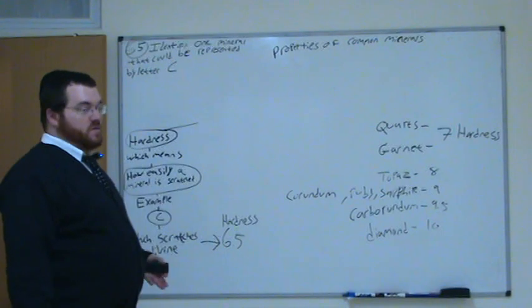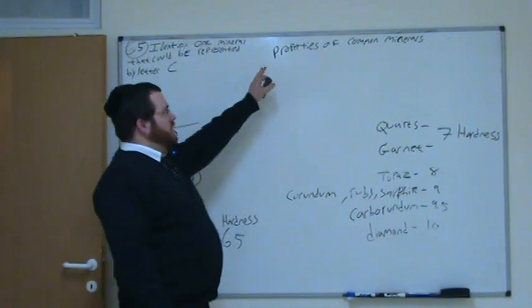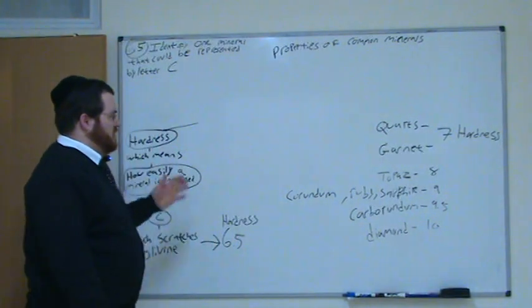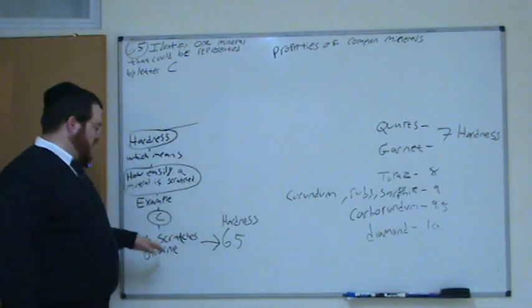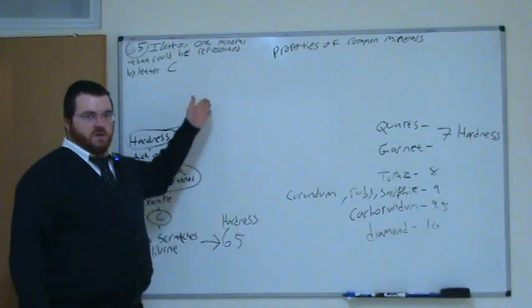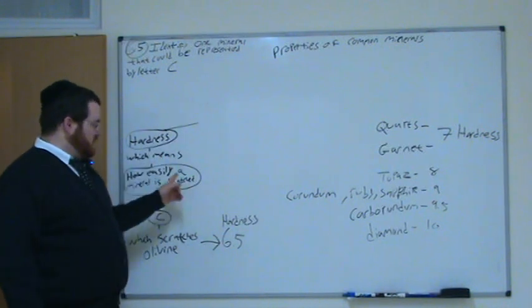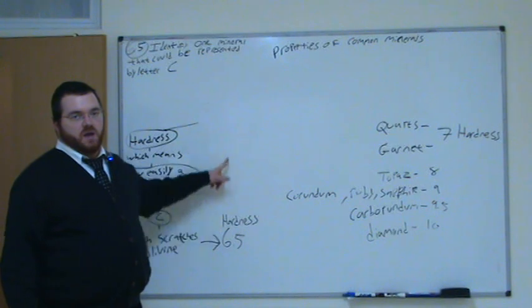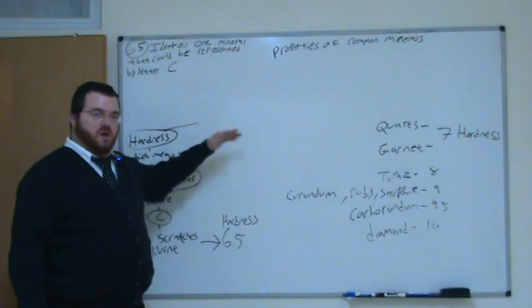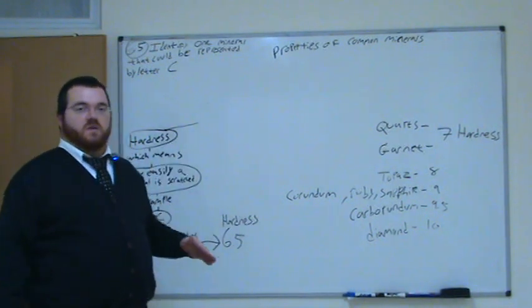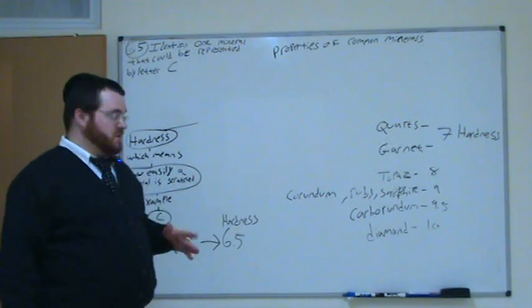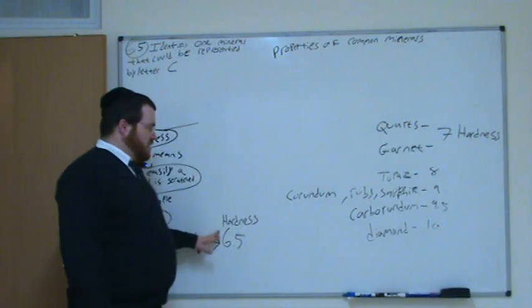So you have to look at the diagram, the properties of common minerals. And if you look over there, you'll see it says hardness, that means you check the hardness chart. When one has a higher number of hardness than the other, that means the one with the higher number of hardness could scratch the one with less hardness.